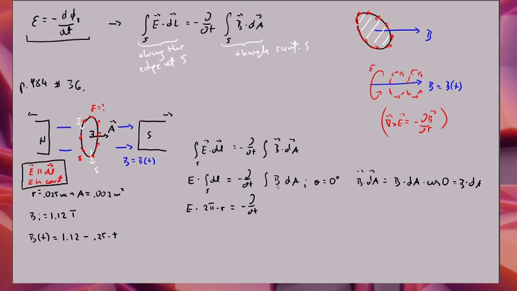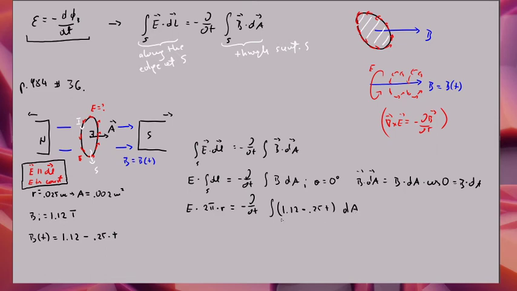The magnetic field B times the element dA, well, let's put this in. So what you end up with is the integral of (1.12 minus 0.25 t) dA.